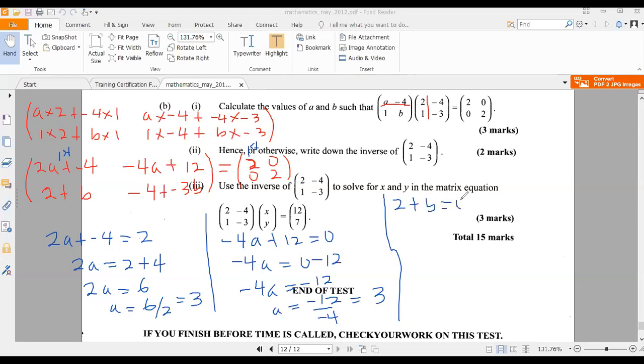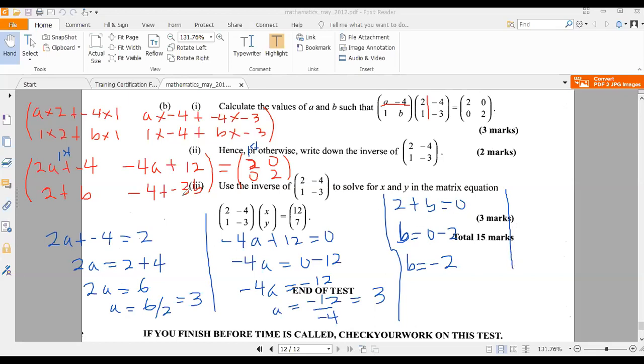That would be B equals 0 minus 2, which is negative 2. So B gives negative 2.